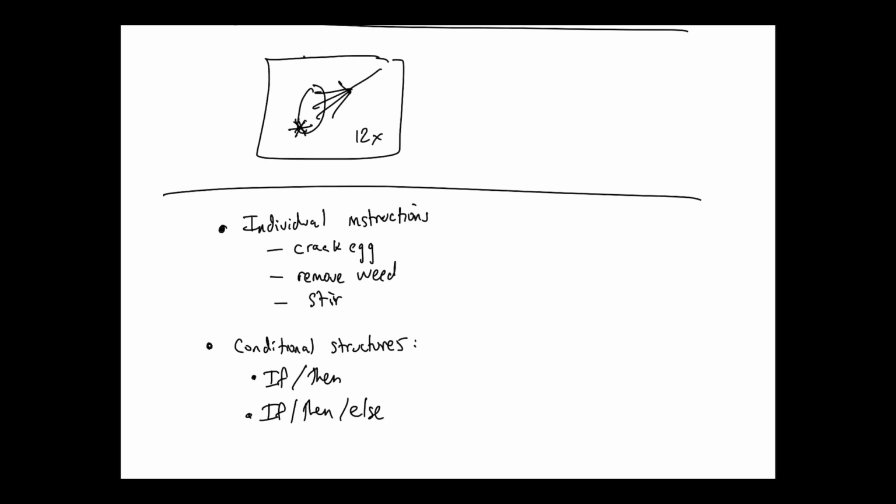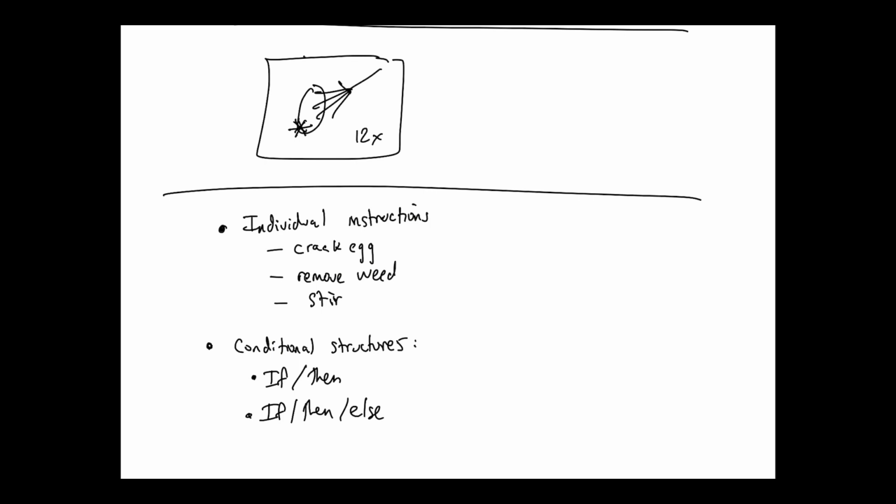Or say something like, if the eggs are done, then turn off stove, serve eggs. Otherwise, continue cooking. Okay, so two different kinds of things there that you might have.